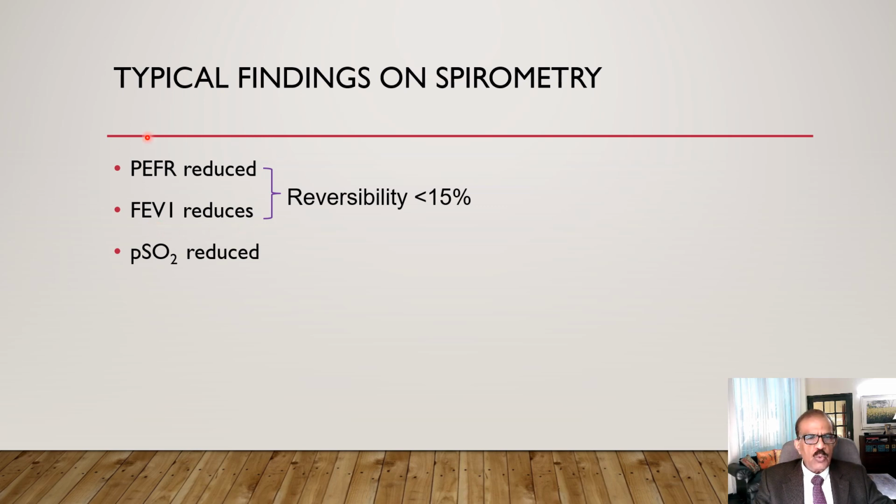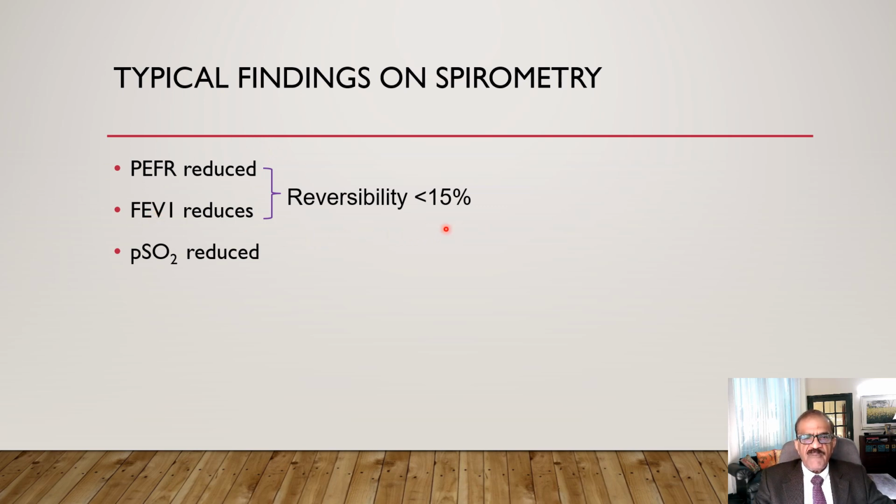Now these two are cardinal features of obstructive airway disease. And when we test reversibility, how we do that is, we first measure these and then we give the patient an aerosolized bronchodilator in the form of a nebulizer, and we repeat these tests.